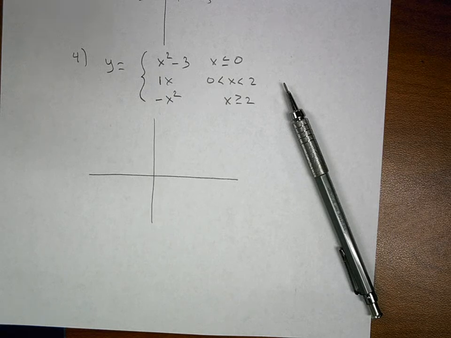0, comma, something, right? And then plot those points. Plot those points.